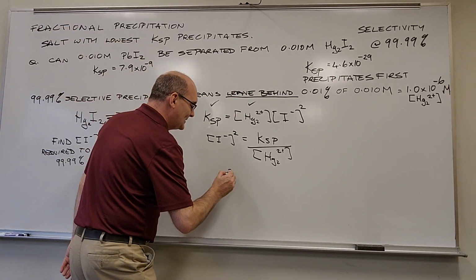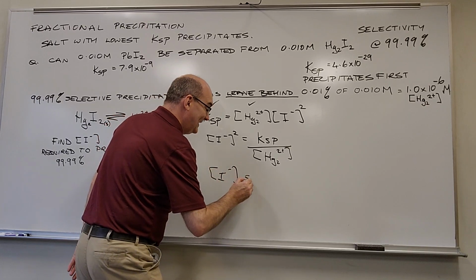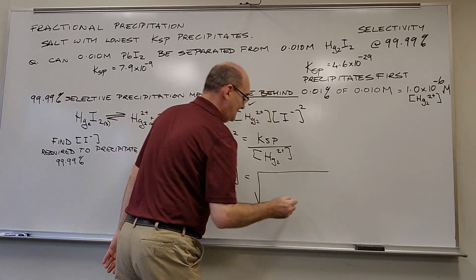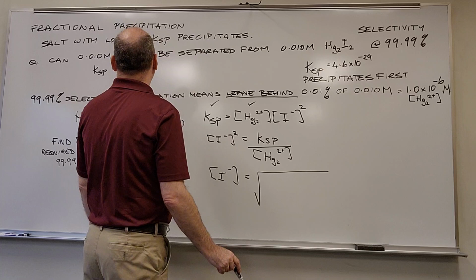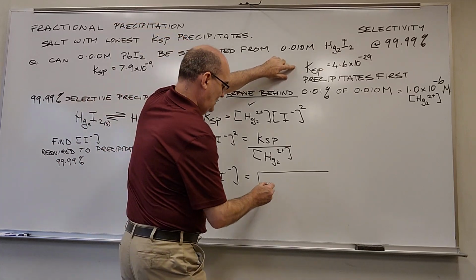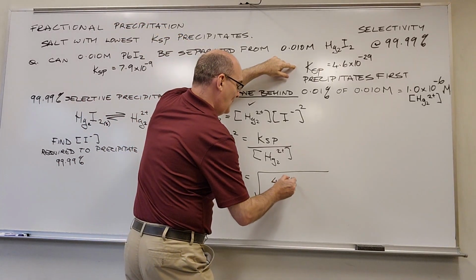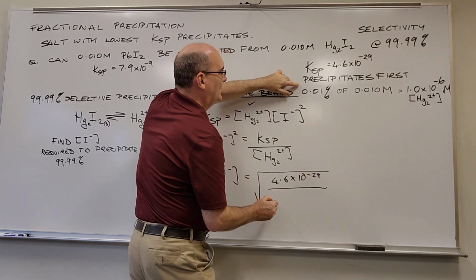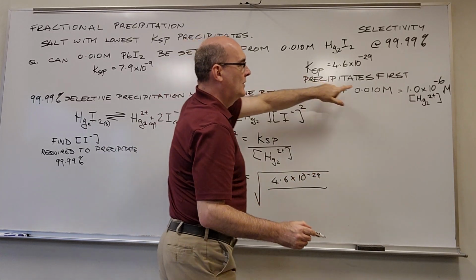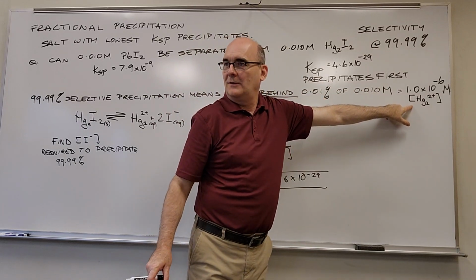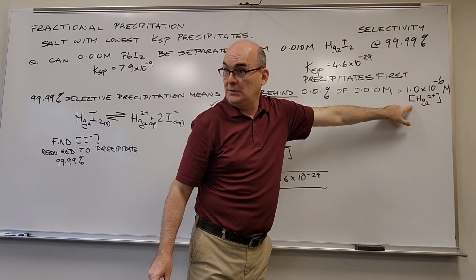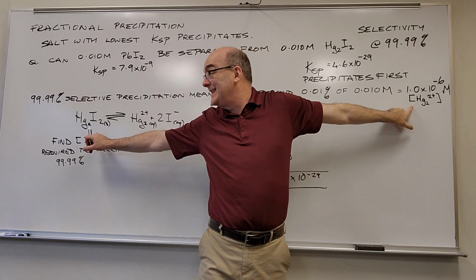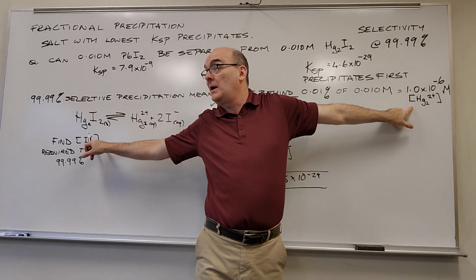So that means that the iodide concentration is the root of KSP, and KSP is in the question. 4.6 times 10 to the negative 29, divided by the concentration that is still in solution at this particular part of the question.